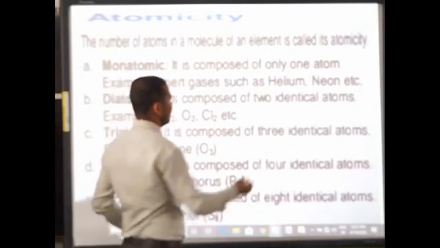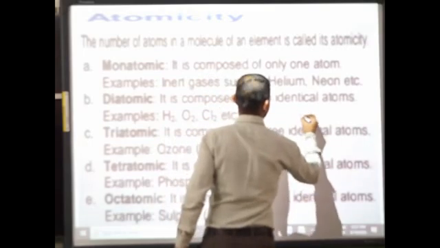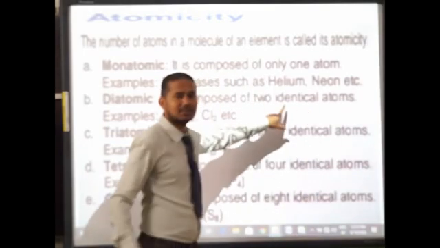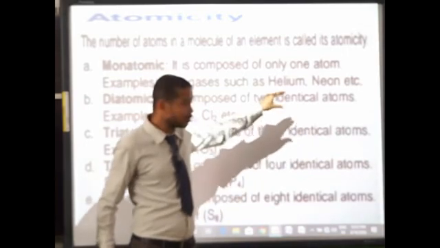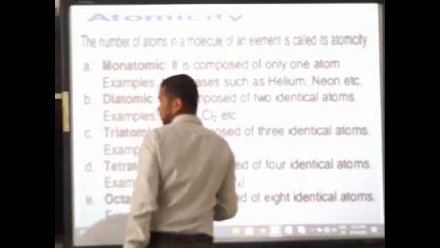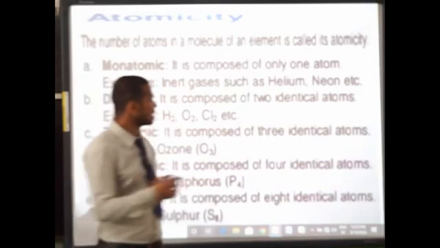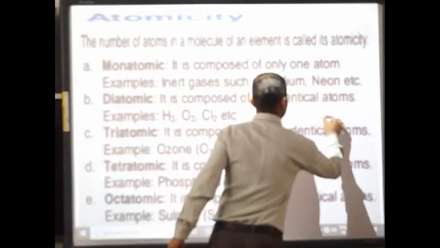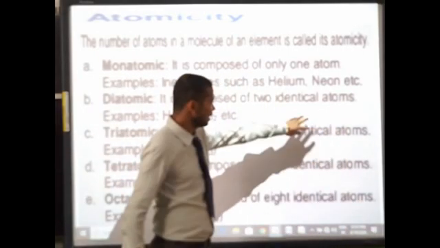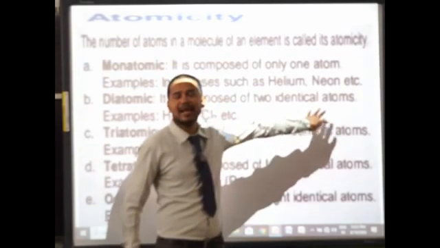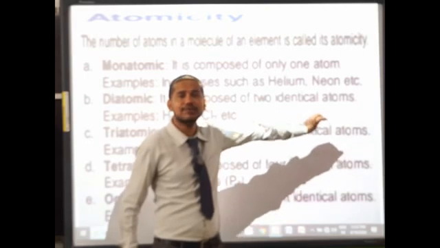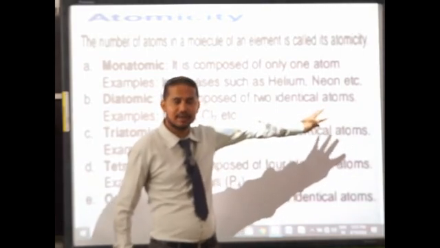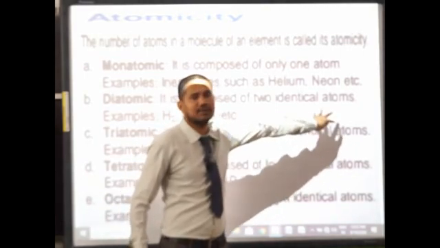For example, Ca, calcium. This is one molecule of calcium, one atom of calcium. But if I write O, this means an atom of oxygen. This does not mean a molecule of oxygen.